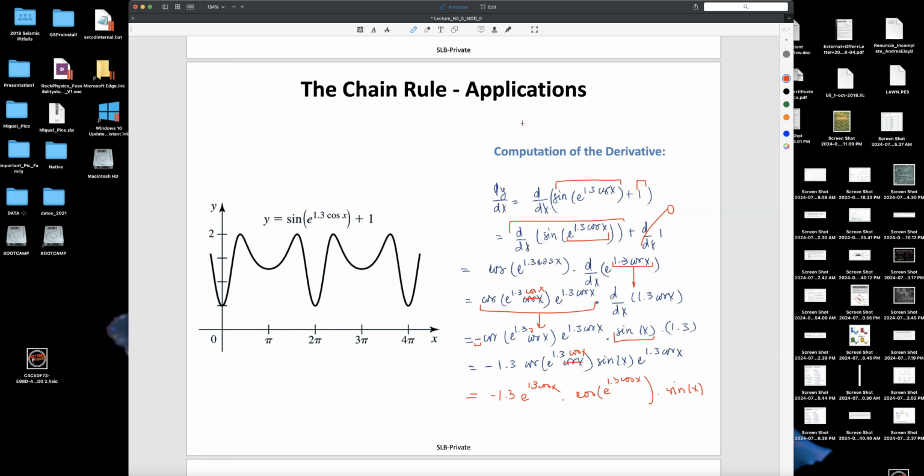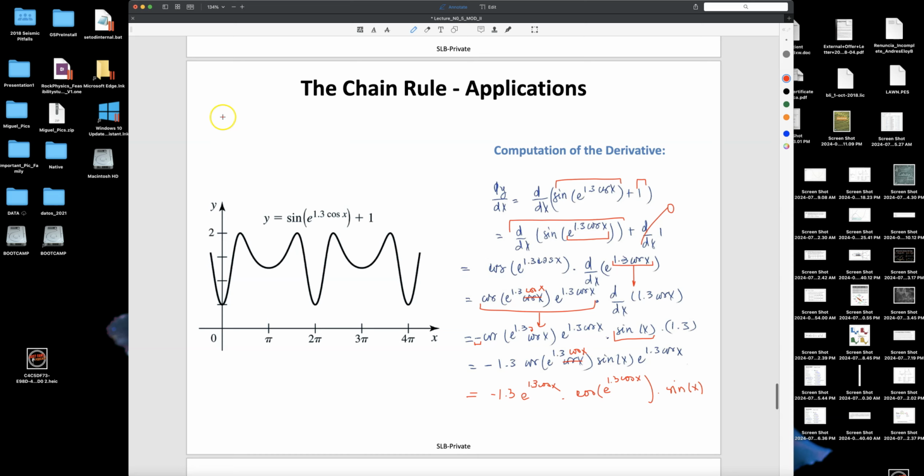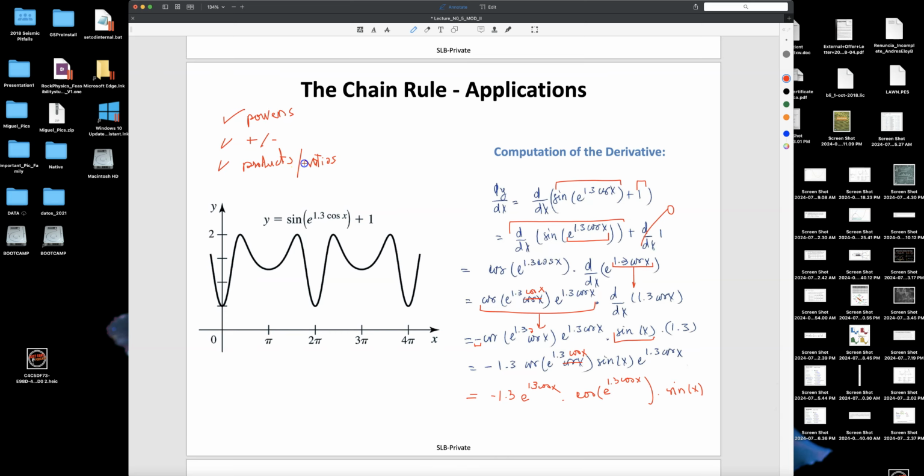So now we know how to compute the derivative of powers. We know how to compute the derivative of additions and subtractions. We know how to compute the derivative of products, and also the derivative of ratios of functions.